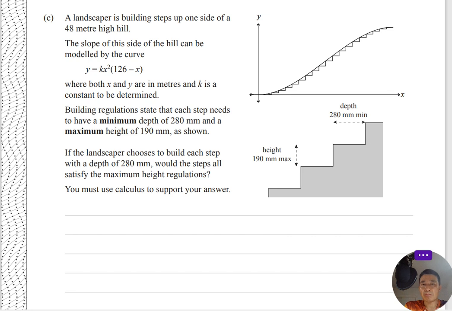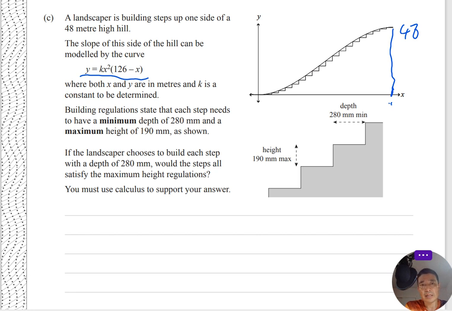It seems like a straightforward question, but it's not. It's quite a challenging question. So obviously we have to find the k, right? The height here is 48, and we have to find that moment. So we have to differentiate this function to determine when x happens. So the turning point.